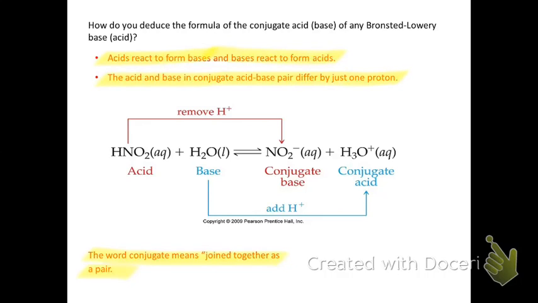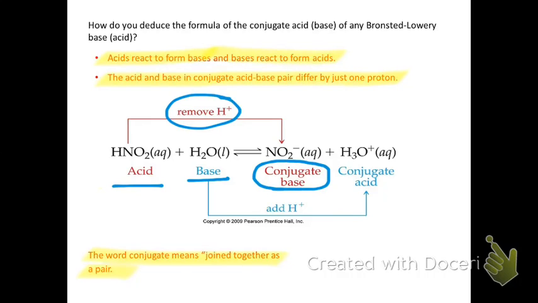So let's take a look at what we have here in this diagram. We have our acid here, which is HNO3, and we're going to remove the proton, and it's going to be picked up by water, and water is going to be my base. And so the acid now becomes the base, and we form what is called the conjugate base.